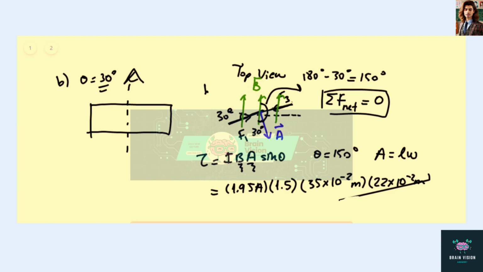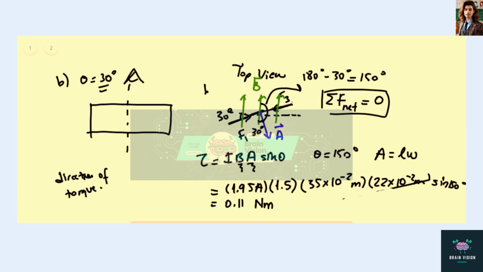Oops, I apologize for that. And then we have the sine of 150. If we do the calculation correctly, what we get is 0.11 newton meters for torque.